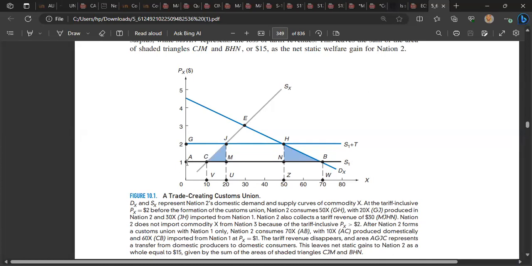So initially, this is our free trade price. Now, because we don't have any arrangement with Nation One, and Nation One is the best producer, in other words Nation One has the lowest price in the market.